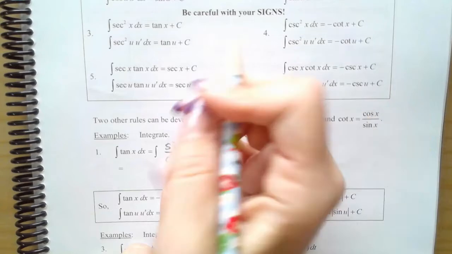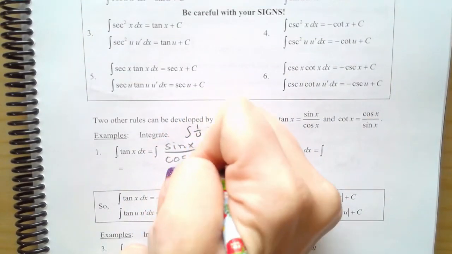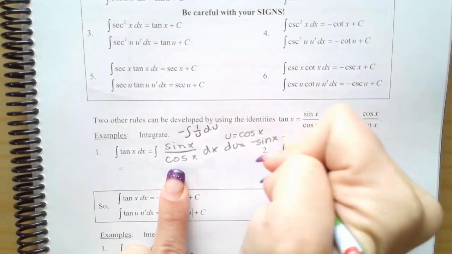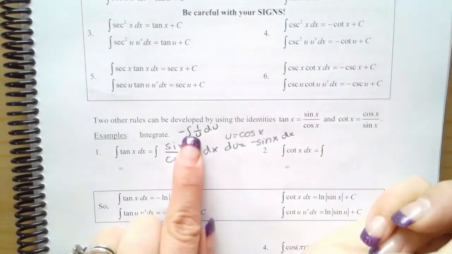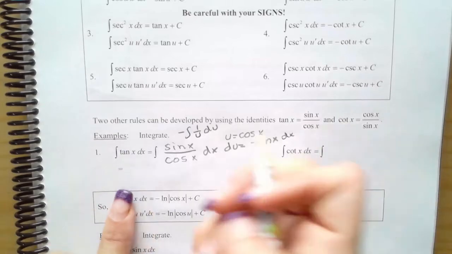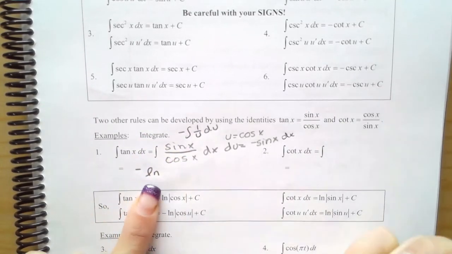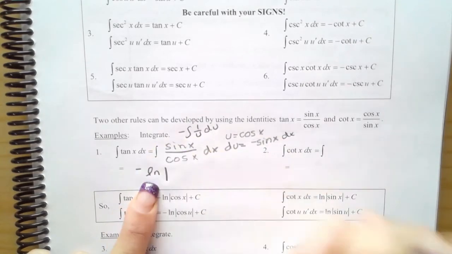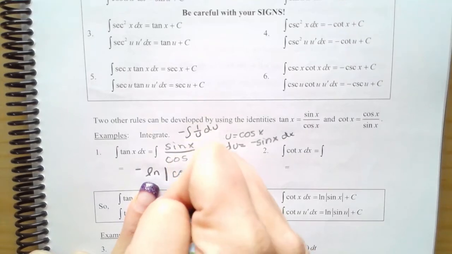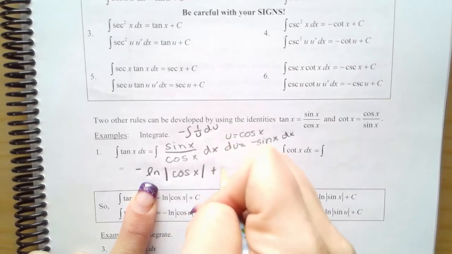So really when we look at this, we're looking at the integral of 1 over u du, and it's going to be a negative because we have that negative there, right? I should say dx here. And the integral of 1 over u is ln. So we get negative ln. Now when we take the integral and we get ln, it's absolute value, and our u is cosine x. There are no boundaries, so we need to have our plus c.